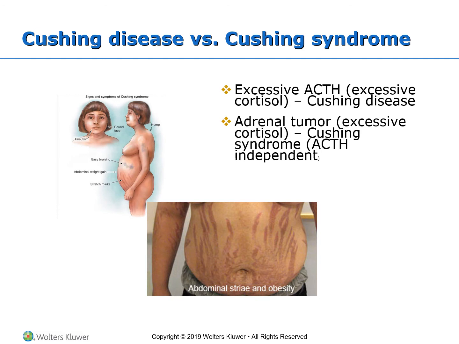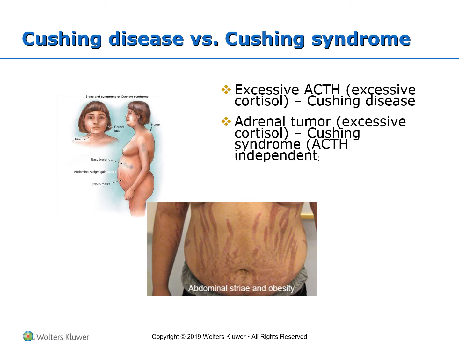Cushing disease and the Cushing syndrome. So in Cushing disease, we have an excessive hyperproduction of ACTH, and as a result of the stimulation, the pituitary gland overstimulates the adrenal gland to produce cortisol.